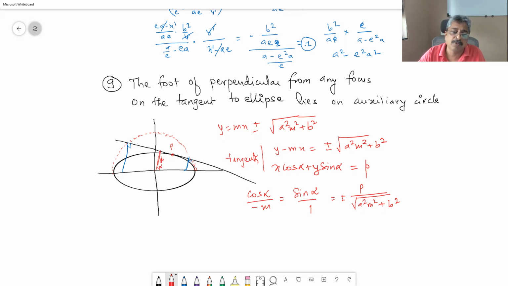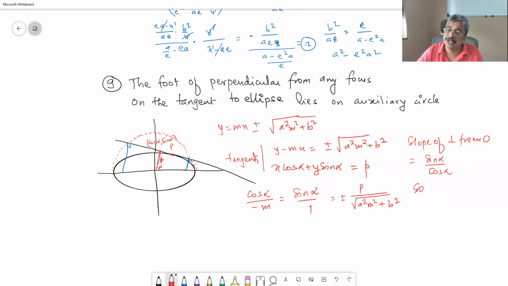However, what are the coordinates of this point? The foot of perpendicular from the origin is cos alpha comma sin alpha, right? And if that is the point on the line, what is the slope of this normal? The slope of the perpendicular from the origin is sine alpha upon cos alpha.